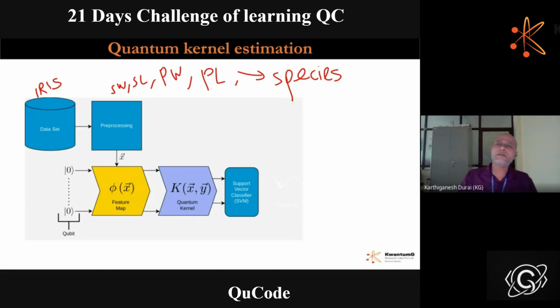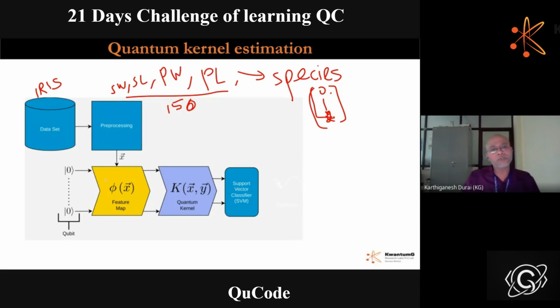The outcome is a three-class model: 0, 1, 2. So this is the output of this one. And here, there are 150 subjects, so we will pass 150 rows to the pre-processing.